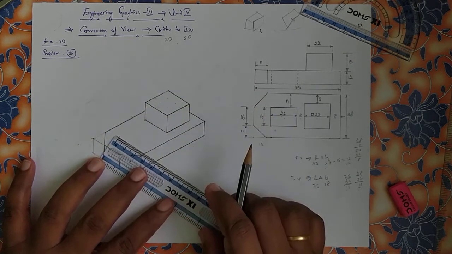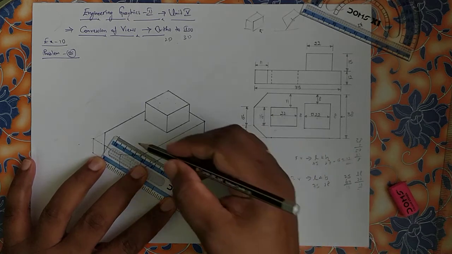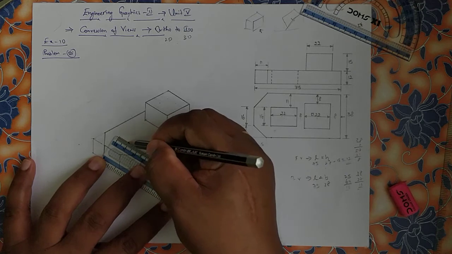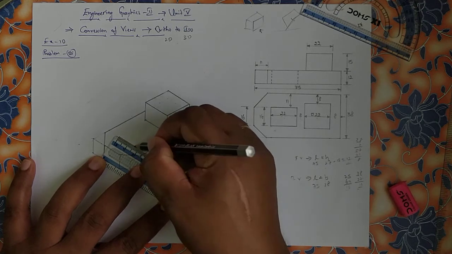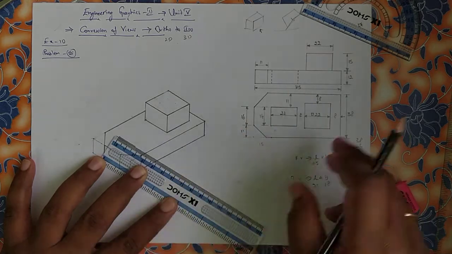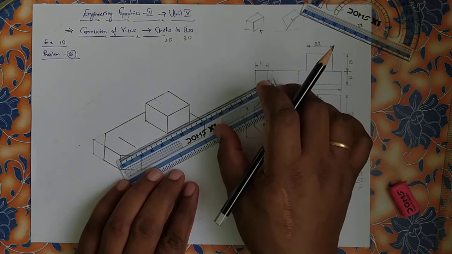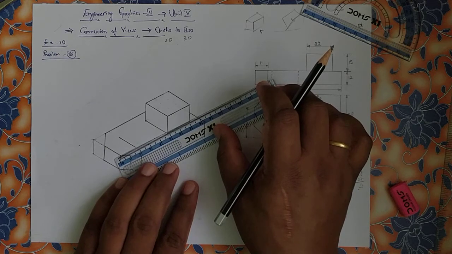From here align, it is 16 length. Now what is called breadth? 22 is the length. Now as we have aligned here, see this 11 point, it is approximately on this line.